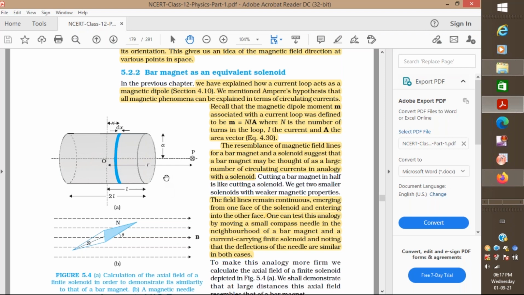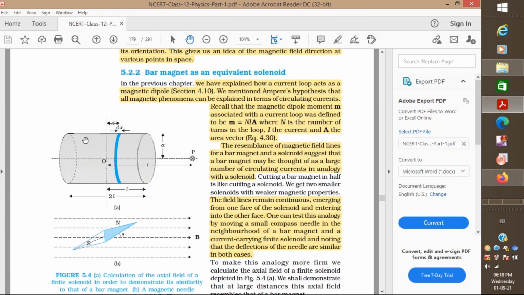And doing that, we know how to calculate the magnetic field for a loop, which we learned in the previous chapter. For a current carrying loop, we calculate the magnetic field at any point on the axis.